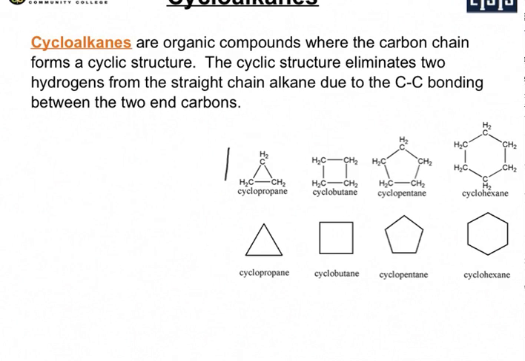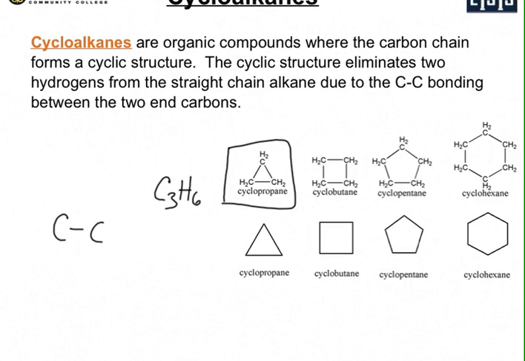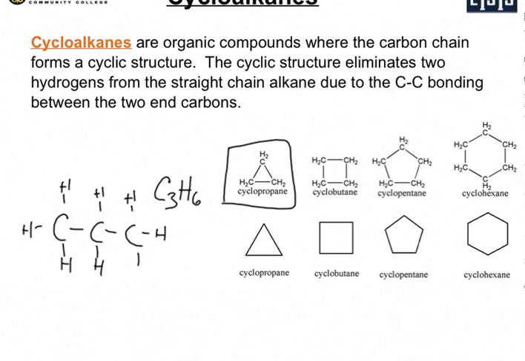So if you look here, this is cyclopropane, and you'll notice the molecular formula for that. There are 3 carbons and there are 6 hydrogens. But if you had just a straight chain propane, if you add in your hydrogens around, you'll see you have C3H8.